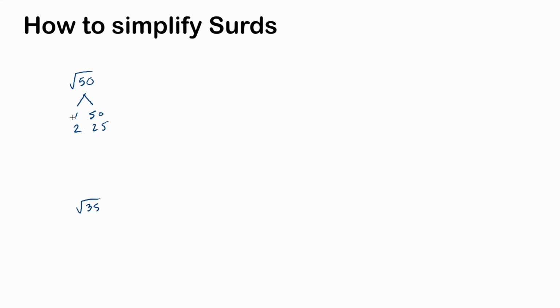So I stop at this point. I don't need that. So I know the square root of 50 is the same as square root of 2 times 25. Well, I can't root the 2, so it remains as the 2, but the square root of 25 is 5. All I need to do now is rewrite that as 5 root 2, and that is simplified.